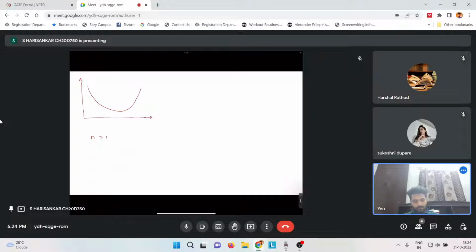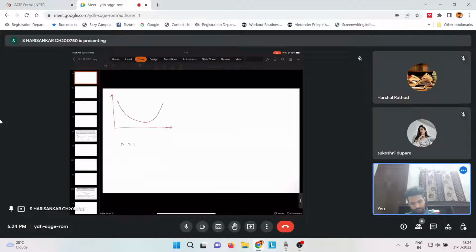So let's say PFR covers from this point to this point, and the remaining from here to here, CSTR covers. So this is PFR and this will be CSTR. The first half of the reaction is done in PFR and the second half is done in CSTR. Let's see how the volume will be for this case.